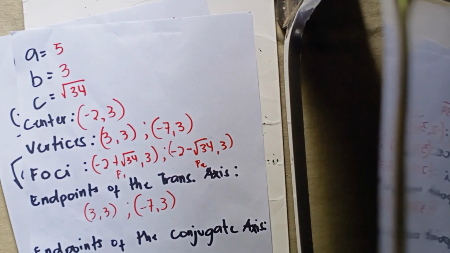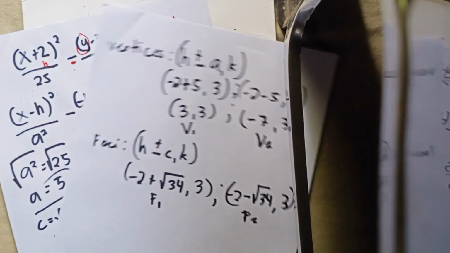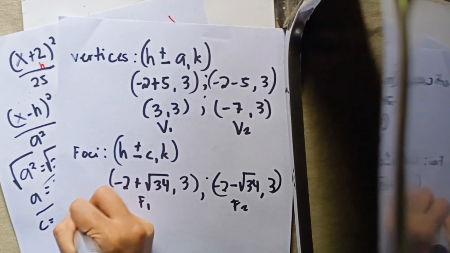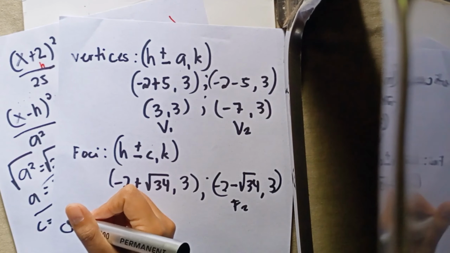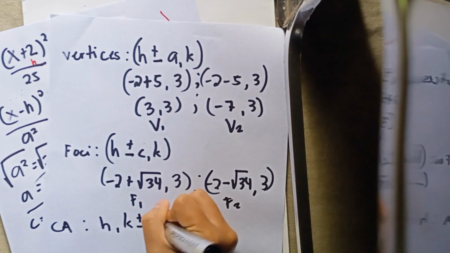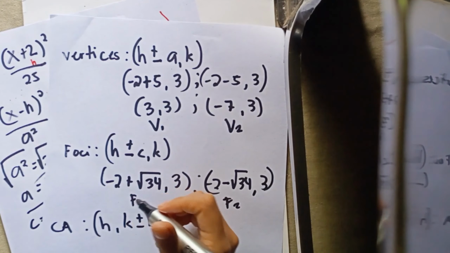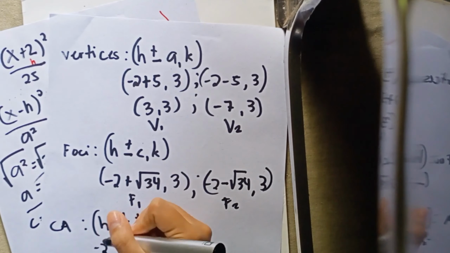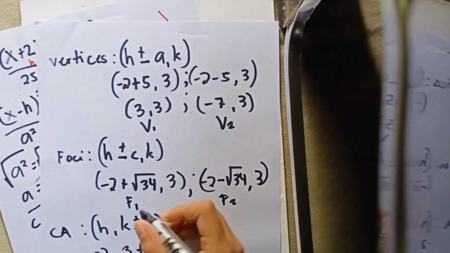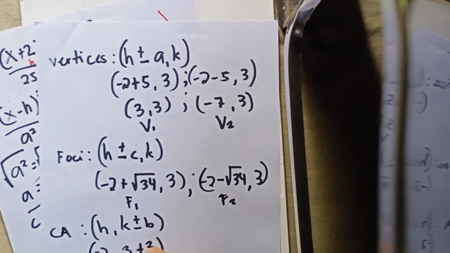Next is the endpoints of our conjugate axis. The formula to find our conjugate axis is (h, k ± b). Our h is negative 2, k is 3, plus b is 3. So the first endpoint of the conjugate axis is negative 2 and 6.